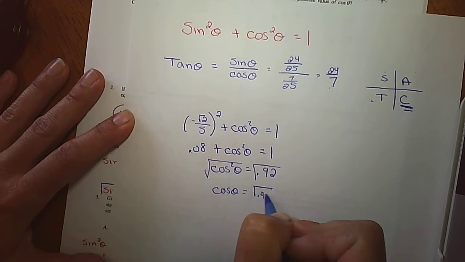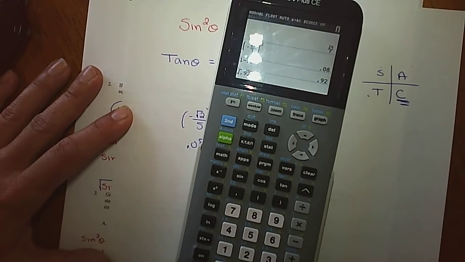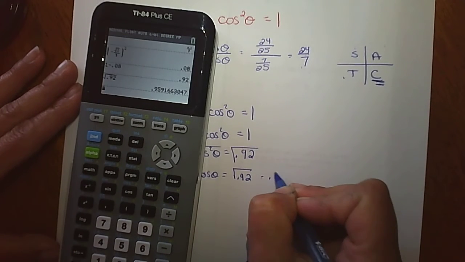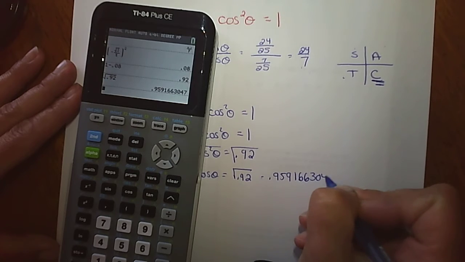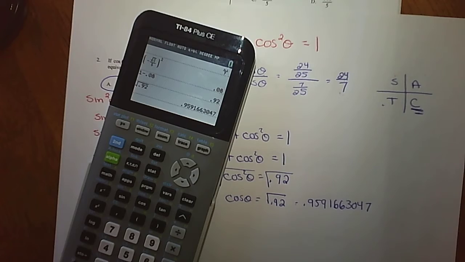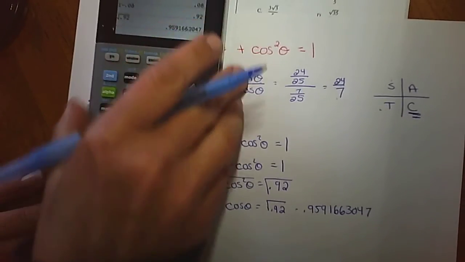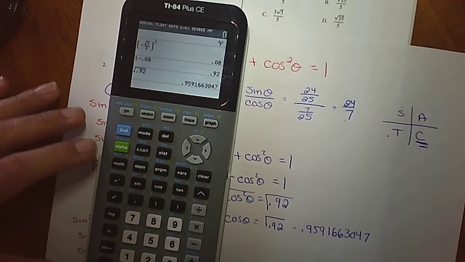And I want to take the square root of 0.92, which is this decimal, 0.95916630047. Now look at our choices. That's not what any of the choices look like. All you have to do is put your choices into your calculator and see which one gives you the same answer.